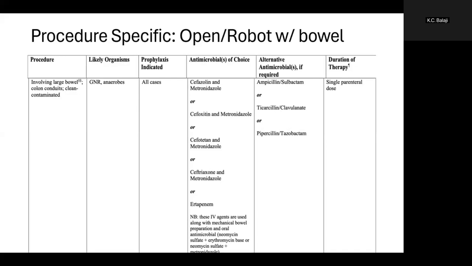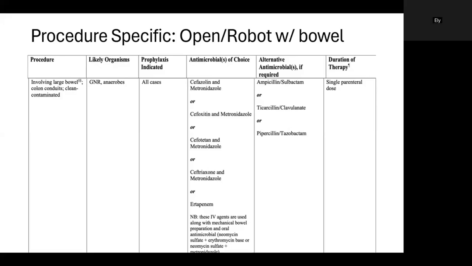Okay. No, ceftriaxone does not cover anaerobes. So we need to cover with metronidazole. The thing is, I see that footnote there that they say we use oral antibiotics like neomycin, erythromycin base. I think we have moved away from those. We don't use them anymore. So just FYI.